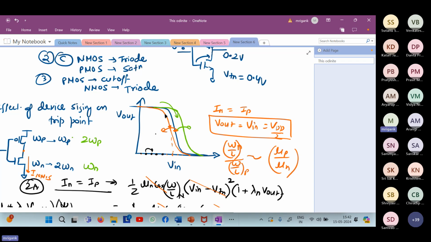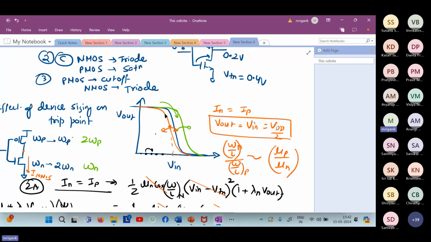And that will happen if I size them in the reverse ratio of their mobility, because ultimately in the current equation, we get mu P W by L and mu N W by L. And so if we are sizing them in the ratio of their mobility approximately, you will get the strengths to be equal. That means the R on of N and R on of P in the central region, the saturation region operation, will be almost equal.